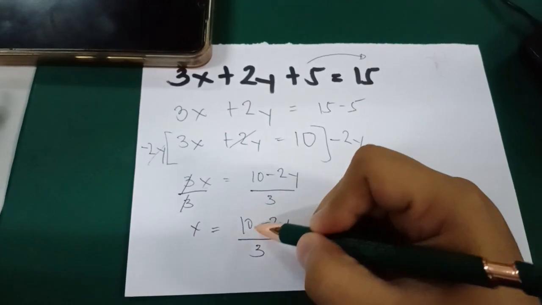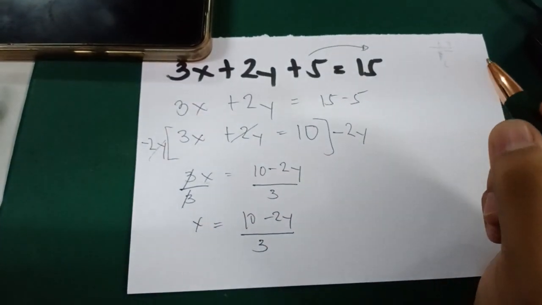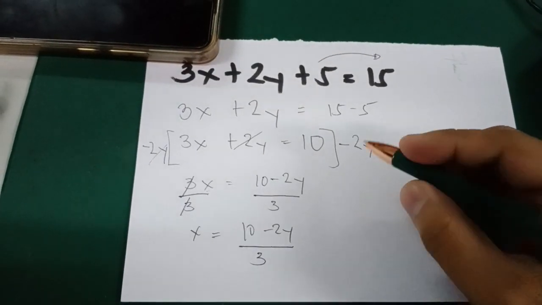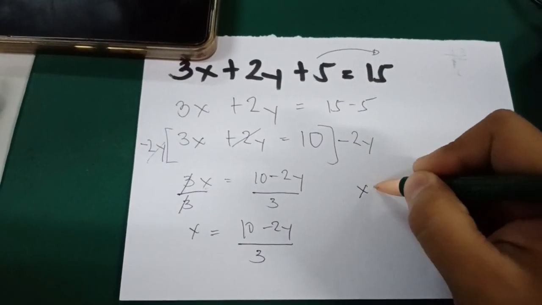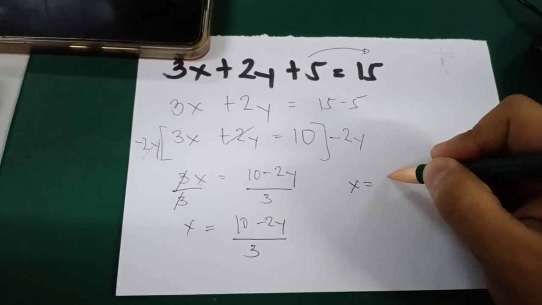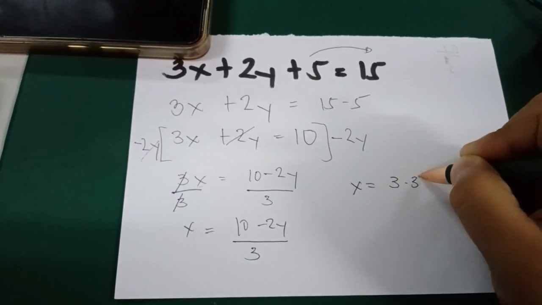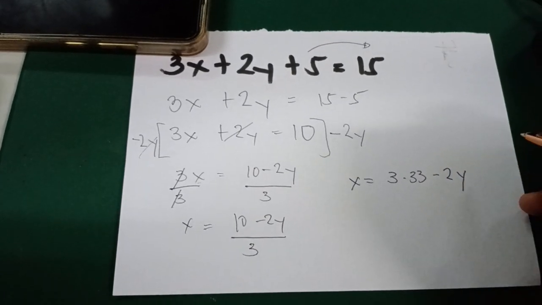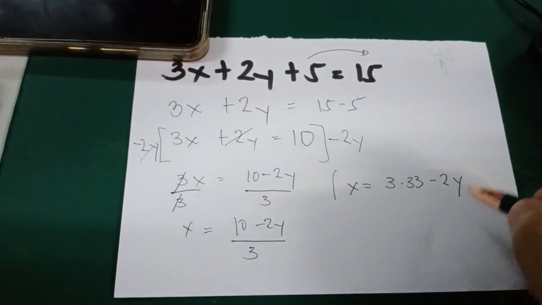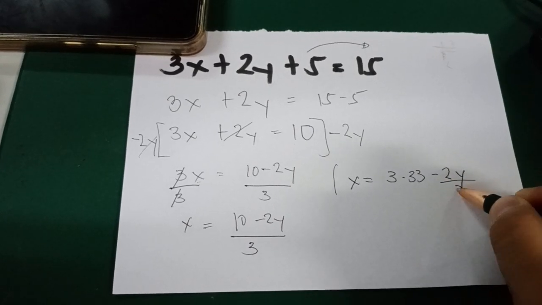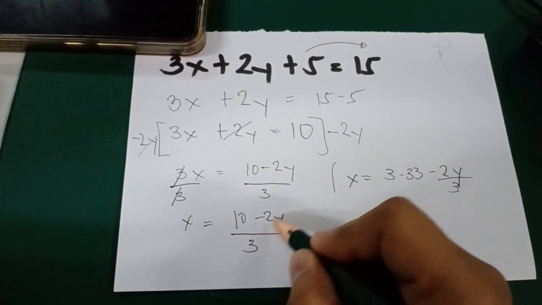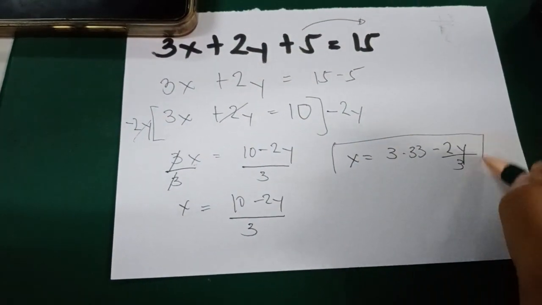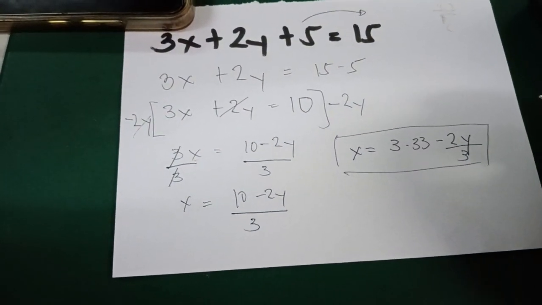And we can actually divide 10 and 3, and it gives us x is equal to 3.33 minus 2y over 3, I should say. So we cannot divide this 2y over 3. So we can write it like that. That's how we solve for x.